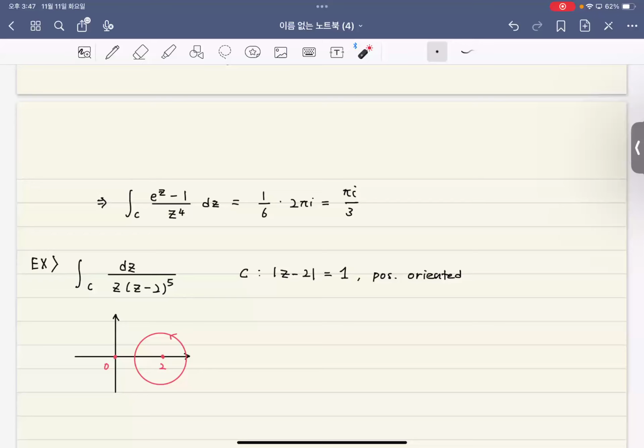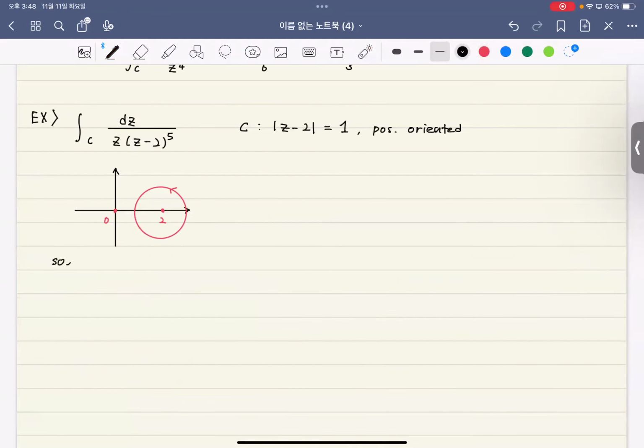In order to evaluate this integral, I will need to find a Laurent expansion of this integrand function, not about this point, but about that point, right? So z minus 2 to the fifth goes here, and I will need to somehow manipulate 1/z.